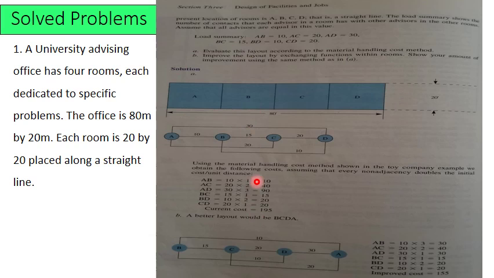So now let's improve the layout by exchanging the functions within the rooms. When we exchange the functions in the rooms, we have to consider that the highest frequency should be aligned side to side.